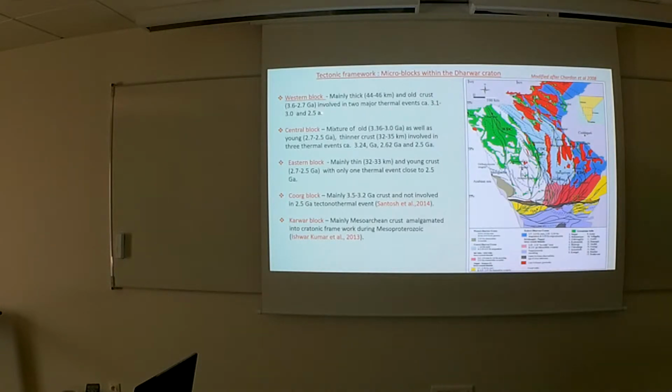So this is about the western block, and now the central block. This is the central block, from the east of the Chitradurga boundary shear zone up to the famous gold-bearing Kolar greenstone belt, which continues further north as Kadiri and further north up to here. Here the crust is relatively thin, and mostly it is a mix of young and old crust.